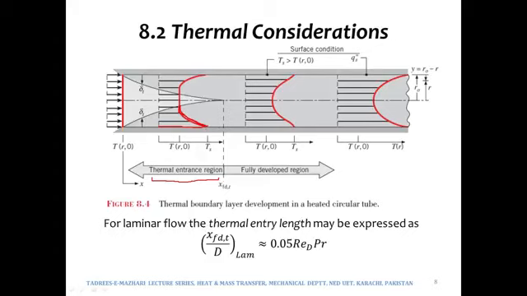So this is how the profile will look like, because the temperature difference between Ts and T infinity would be maximum at the fluid surface interface, because it may be liquid or it may be gas. And then as we move away from the plate, the difference between Ts and T infinity would keep on reducing if Ts is greater than T infinity, if the fluid is being heated up.